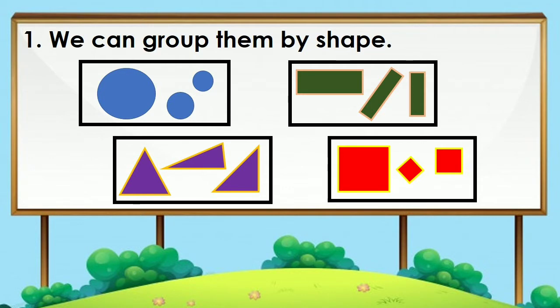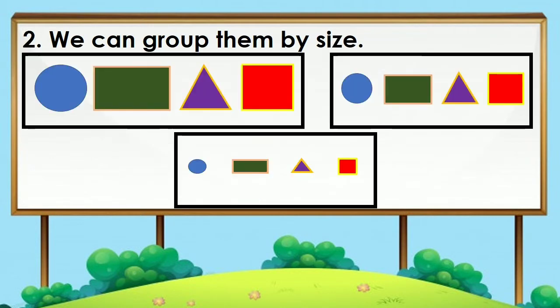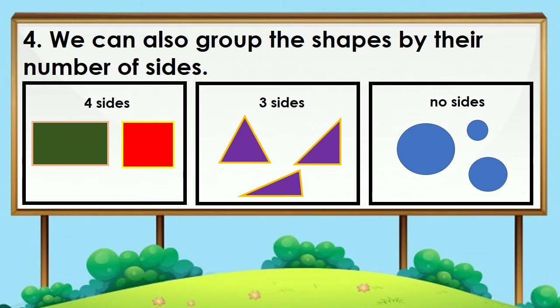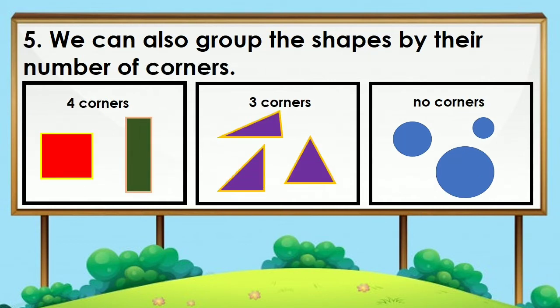Alright, we can group them by shape, we can group them by size, we can group them by color, we can also group the shapes by their number of sides, we can also group the shapes by their number of corners.